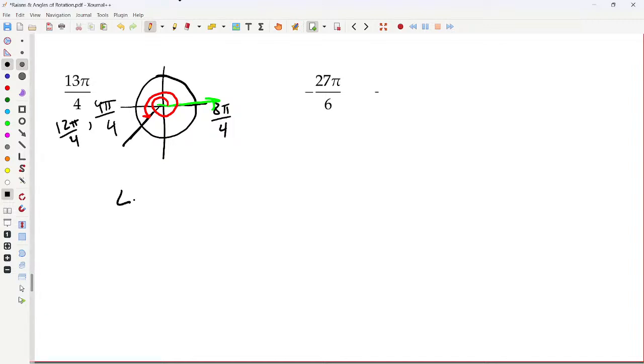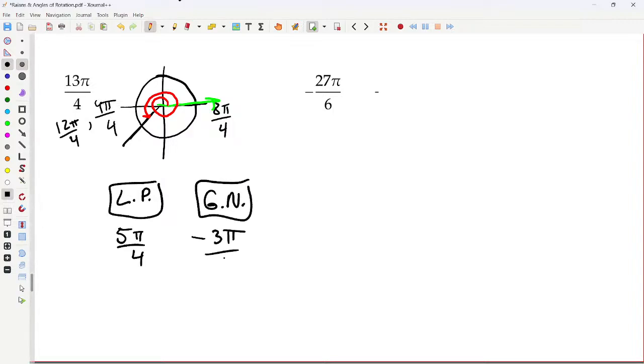So least positive is 5 pi out of 4. Greatest negative, negative 3 pi out of 4. Or you can do arithmetic, which I'm just going to delete over here in a second.